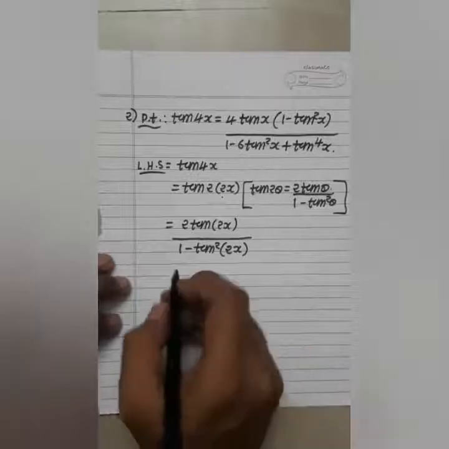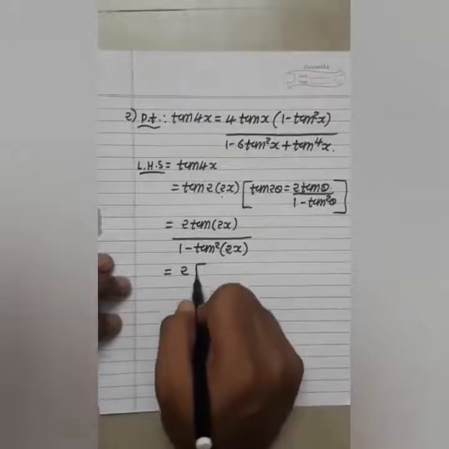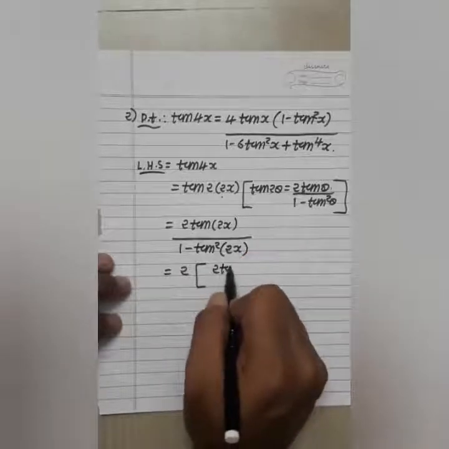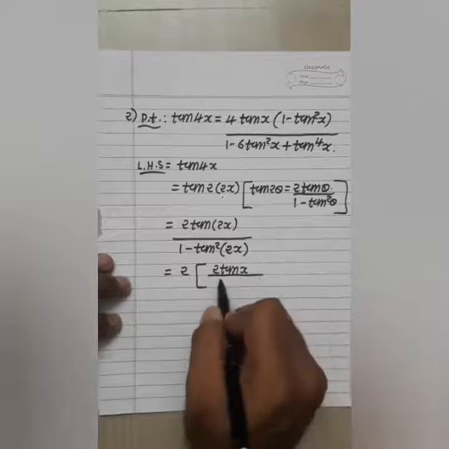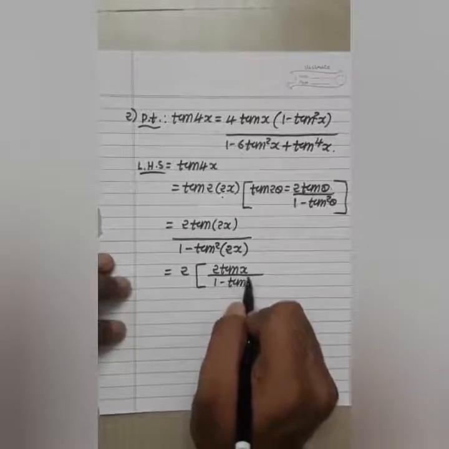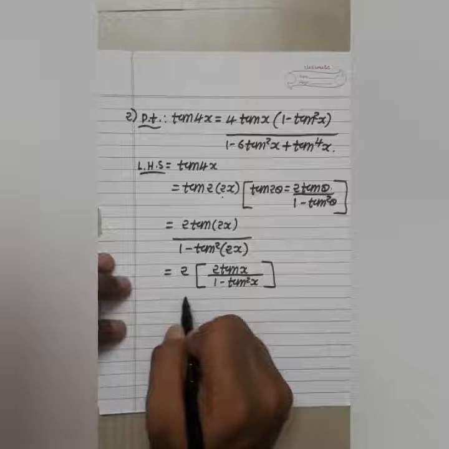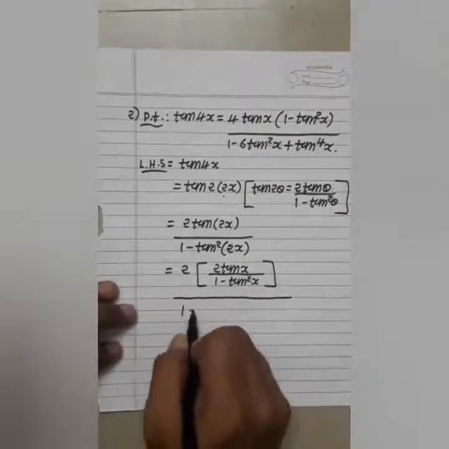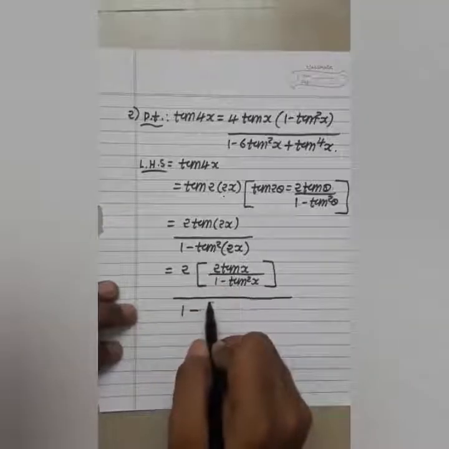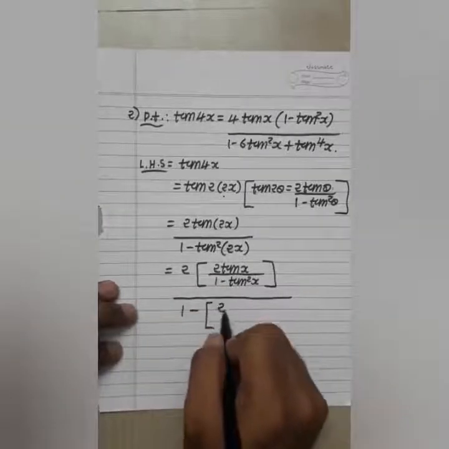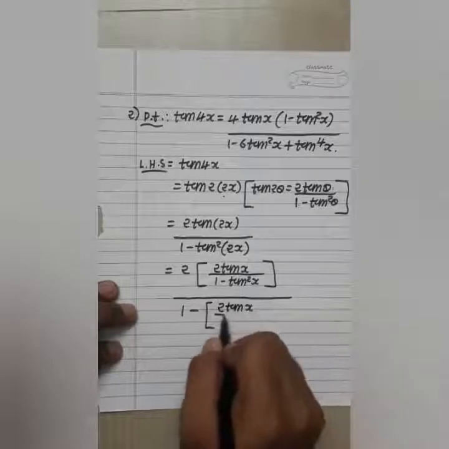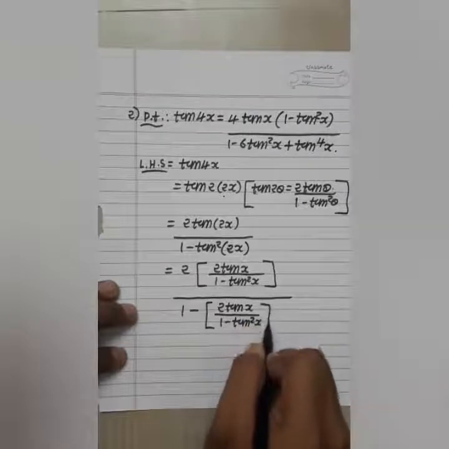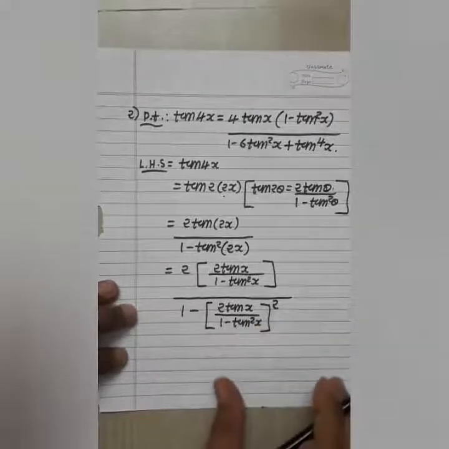So it is equal to 2 into bracket tan 2x, in place of it write 2 tan x upon 1 minus tan square x, bracket over, upon, in denominator, 1 minus tan 2x, in place of it write 2 tan x upon 1 minus tan square x whole square is present, so we can write here whole square.